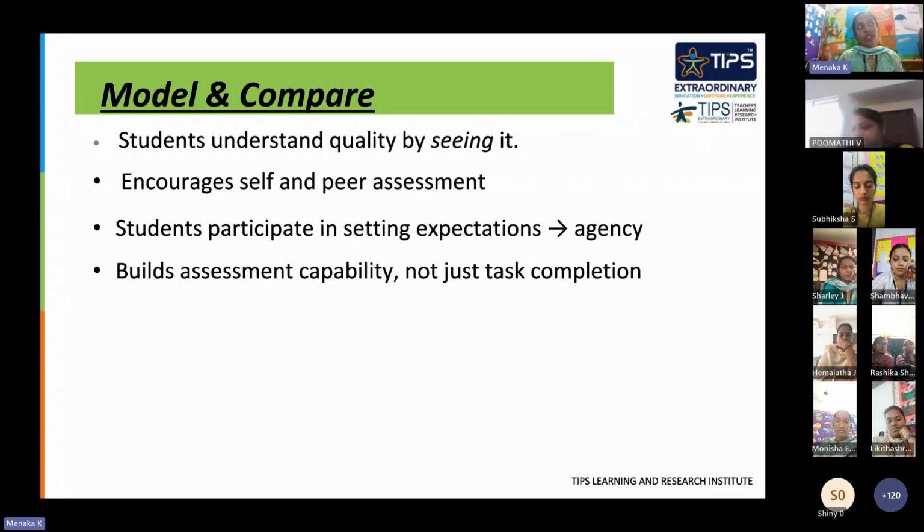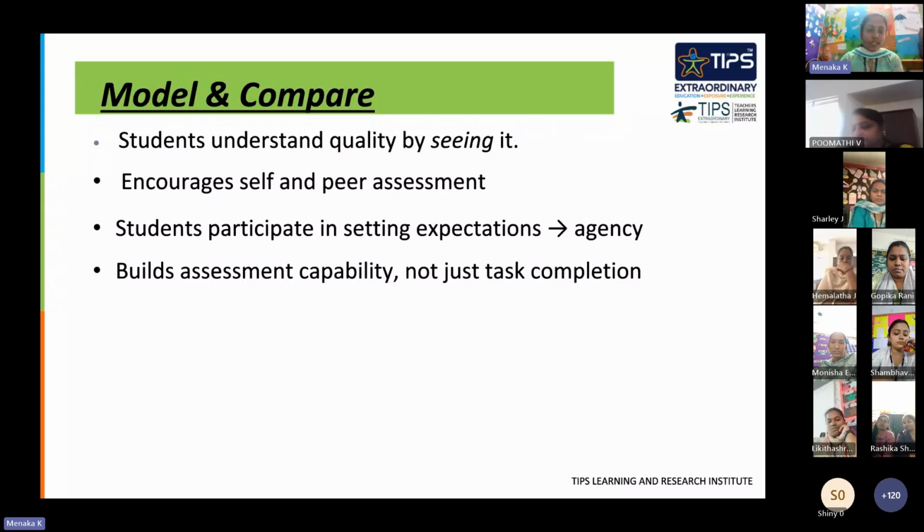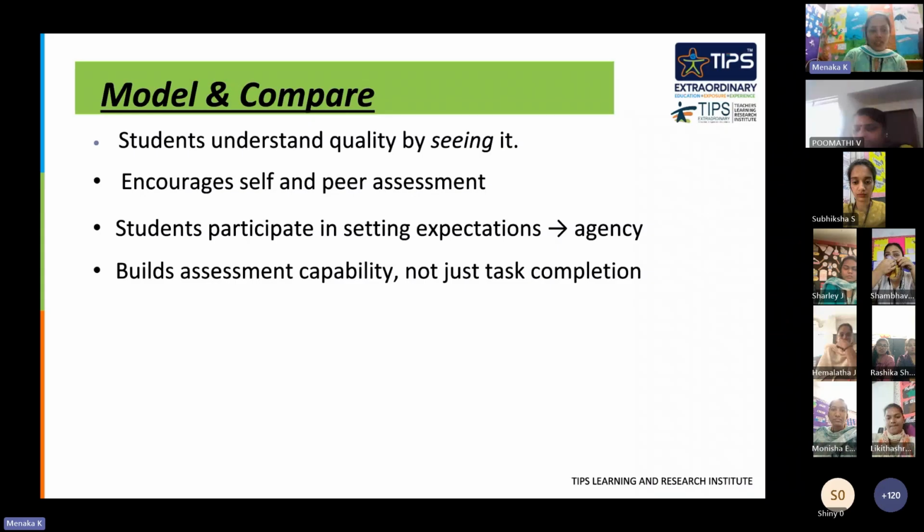Co-constructing success criteria should always be measurable and observable. You should be able to measure that particular learning, and it should be observable. When you do this co-construction, it improves agency in the children, metacognition skills are improved, and they become assessment-capable learners. So it builds assessment capability, not just task completion.